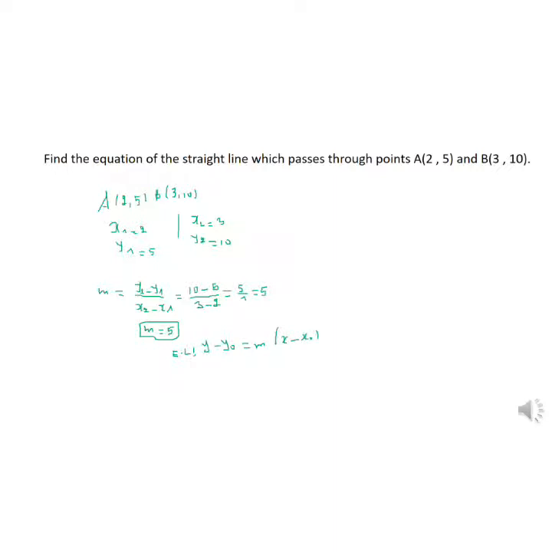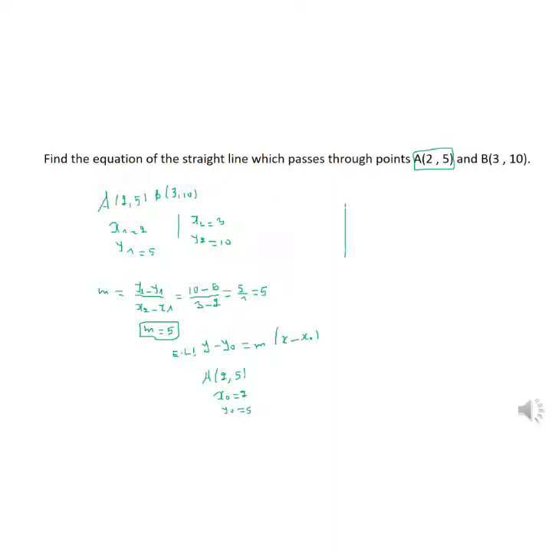So now let us take point A, which is 2 and 5. So x0 from point A is equal to 2 and y0 from point A is equal to 5.